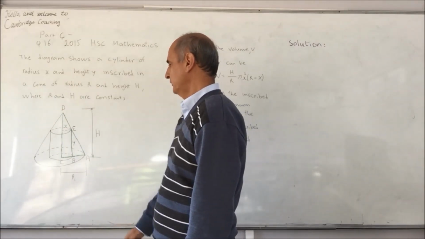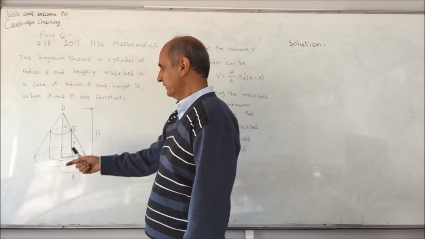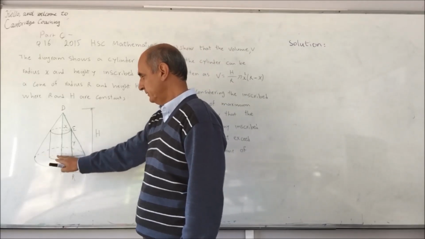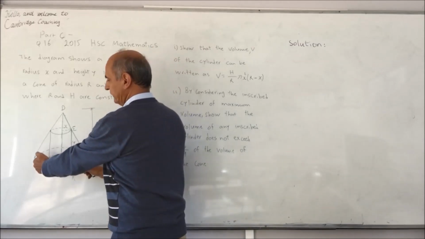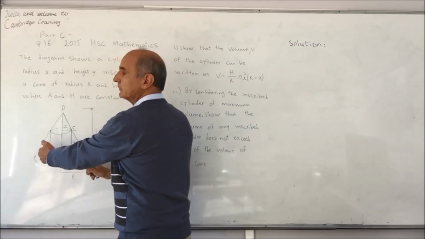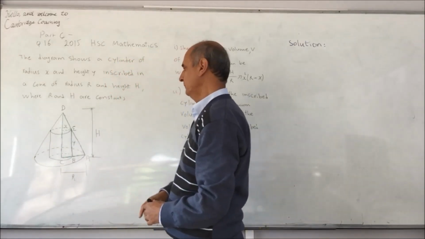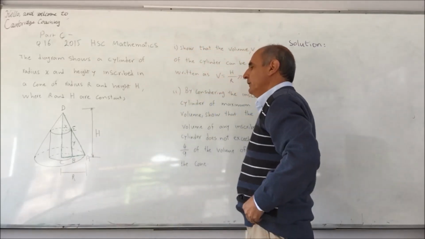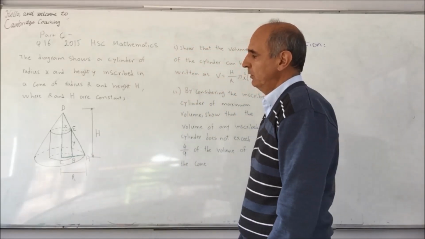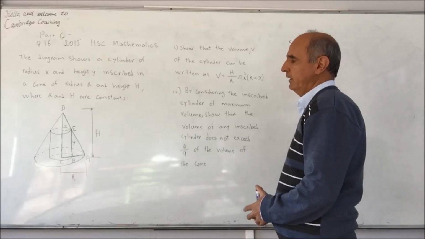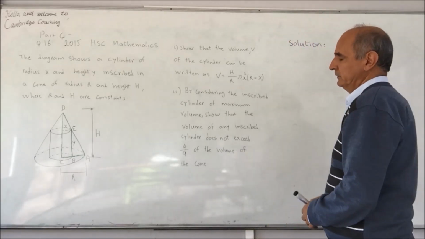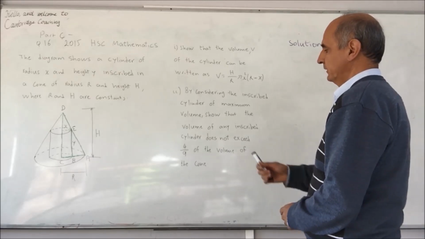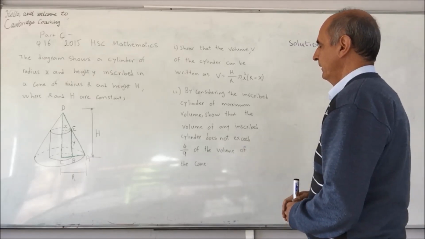So in other words, you can fit many different cylinders as long as its base is on the base of the cone, and you can make it wider, but you lose on the height. So there is an optimal point where you have the maximum volume, and you want to find that maximum volume and show that it is not going to be greater than 4/9.